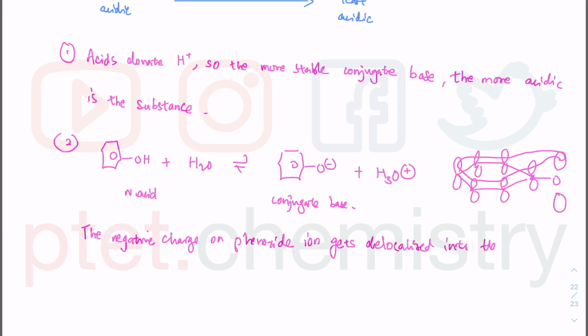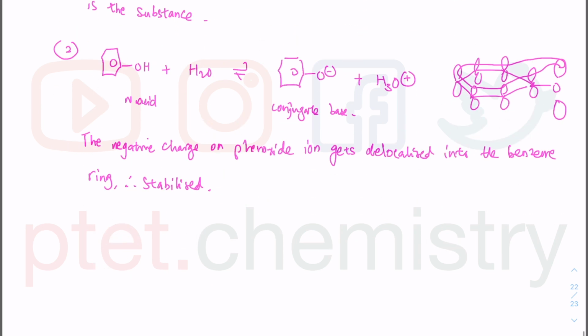This is good because it helps to spread out the charge instead of putting it just on the oxygen. So delocalized into the benzene ring, therefore stabilized. The negative charge gets stabilized, the conjugate base gets stabilized, so it's reasonably stable.